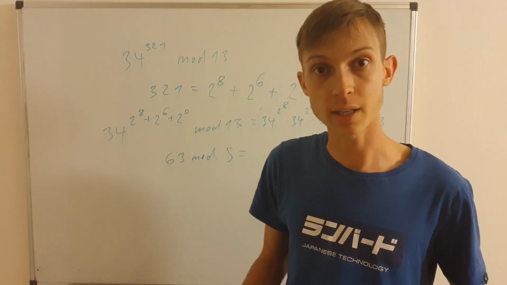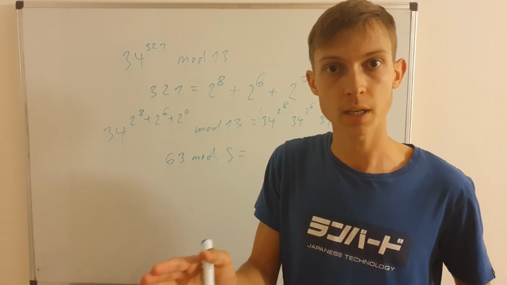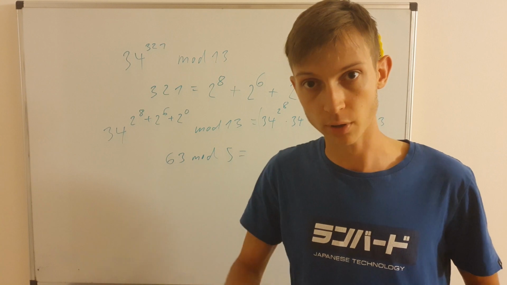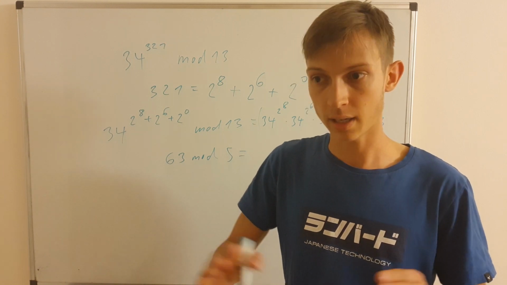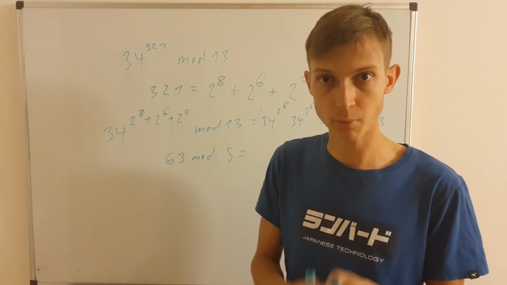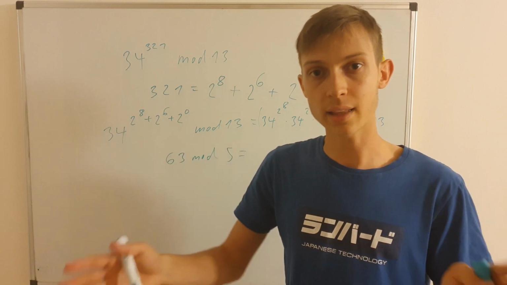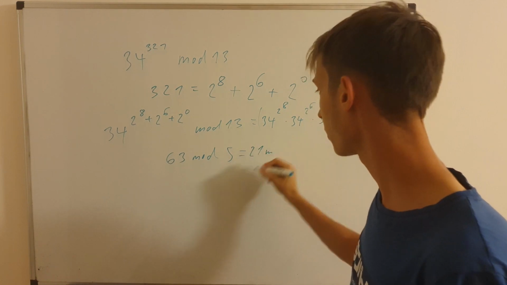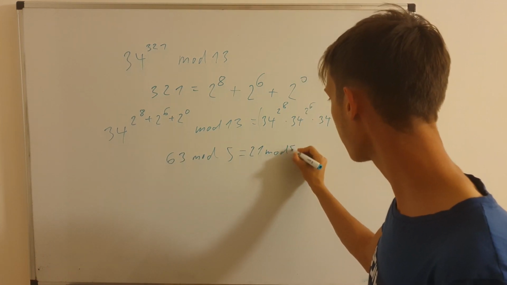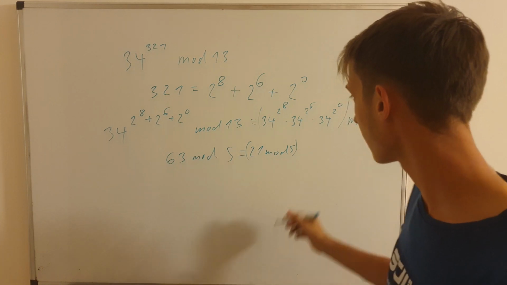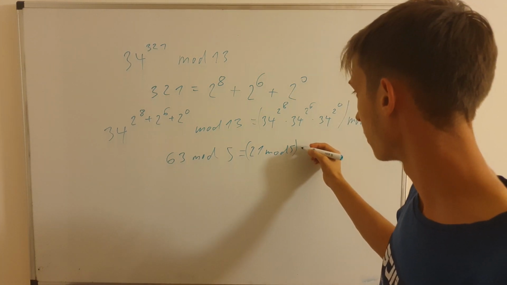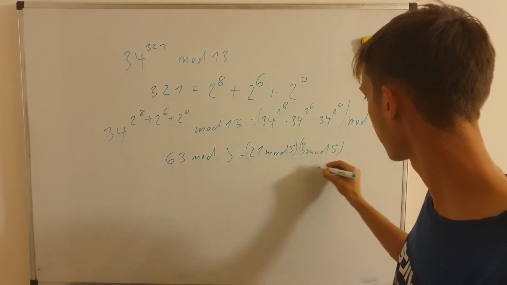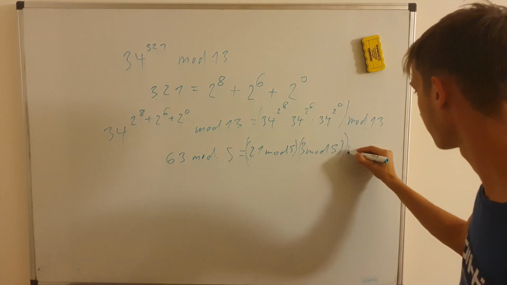But another way to approach it is, I can break out 63 into the product of two integers. And then I take the modulo of each of those first, then I put these modulo solutions into a product, and then that as a whole I put into modulo. So I can do 21, because that's one factor of it, mod 5, times, what's the second, that's 3, mod 5, and all of that mod 5.